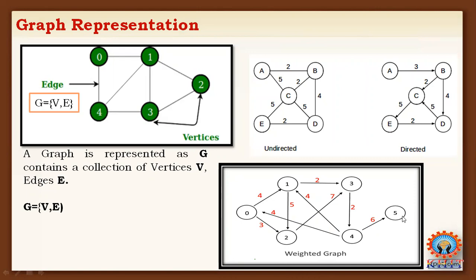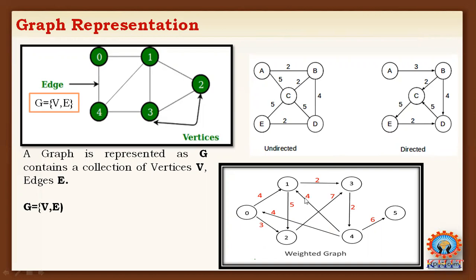These are vertices, and we can connect any two vertices through an edge. This is the edge. 0 to 1 is one edge. 1 to 3 is another edge. Like this, many edges are there. The edges are clearly indicated in a directed mode. That's why we can consider this is a directed graph.